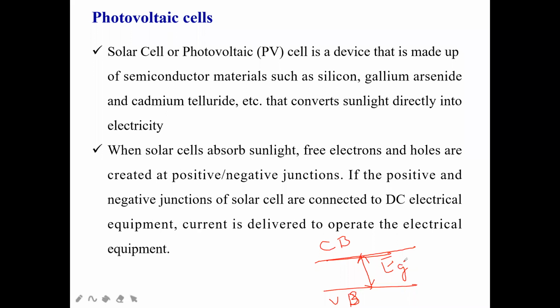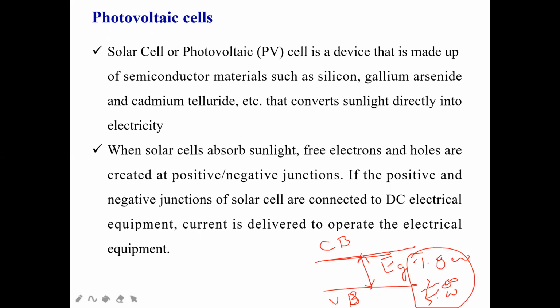In all semiconductors, you have two things: the valence band and the conduction band, separated by the energy gap Eg, the band gap. It can vary depending upon the semiconductor. It can be 1.8 electron volt, 2 electron volt, 3 electron volt, or 2.8 electron volt, depending upon which type of pure, impure, doped or fabricated semiconductor you're going to use.